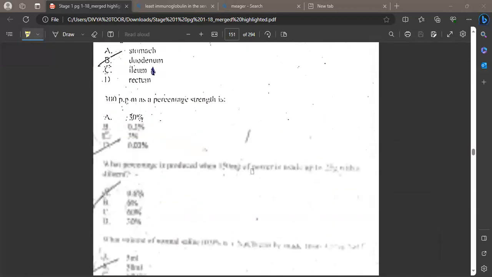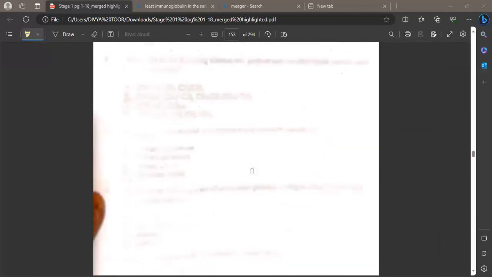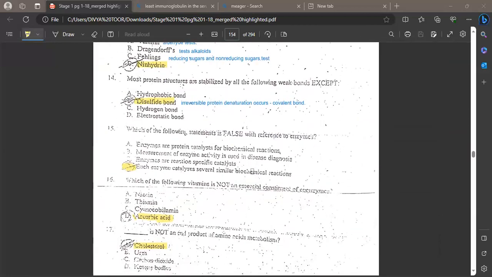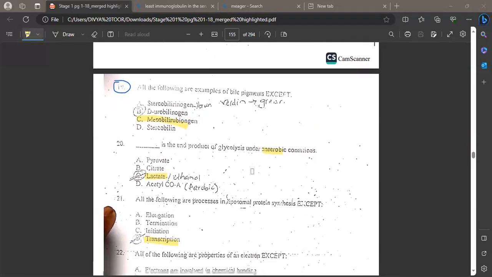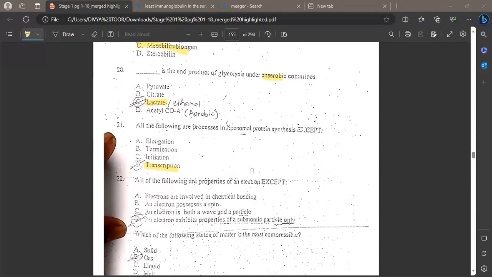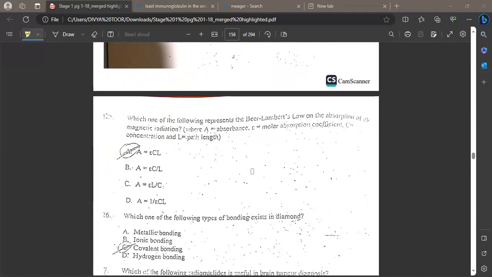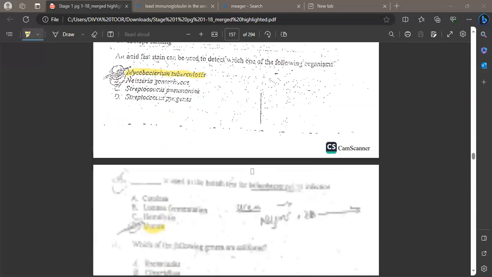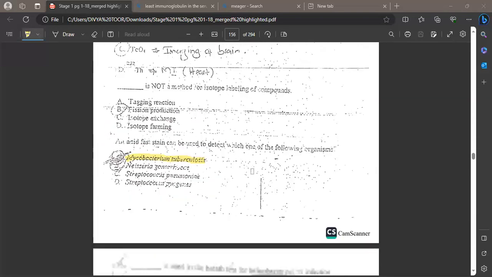So you're saying in viruses? Just a second, let me pick this.